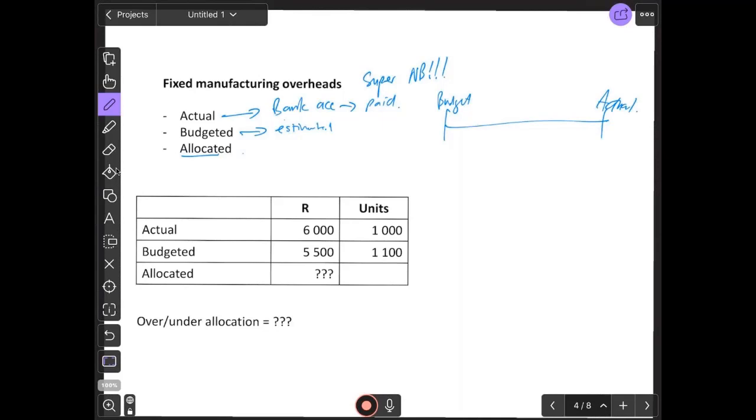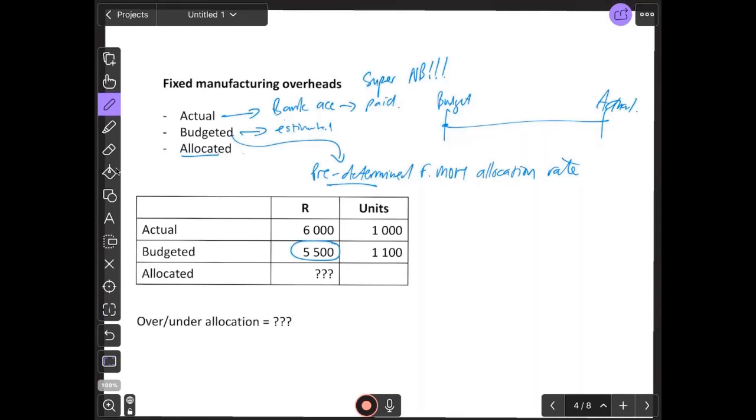Now, what is this allocated overheads? Remember, we allocate fixed manufacturing overheads using a predetermined fixed manufacturing overhead allocation rate. Such a long word, but it explains exactly what it is. It's predetermined, so it's at the start of the period. So we use budgeted figures, budgeted cost divided by budgeted units.